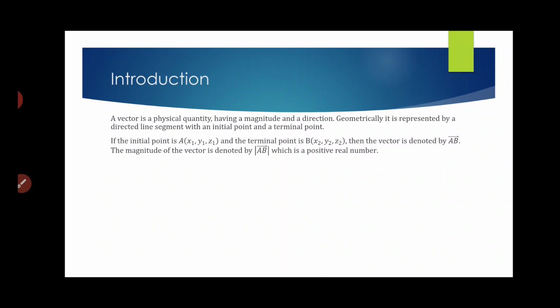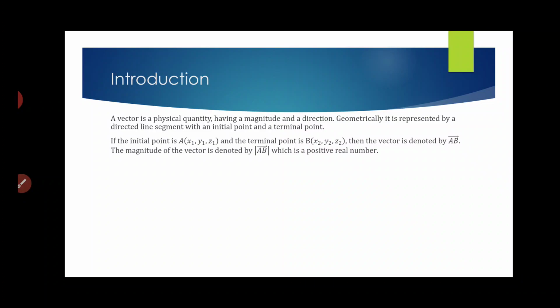Now, if the initial point and the terminal point are designated as A and B, then the vector is denoted by AB with an arrowhead on top, which means A is the initial and B is the terminal or final point. Then the magnitude of the vector, which is also called the modulus of the vector, is denoted by modulus, within which you write the vector AB.